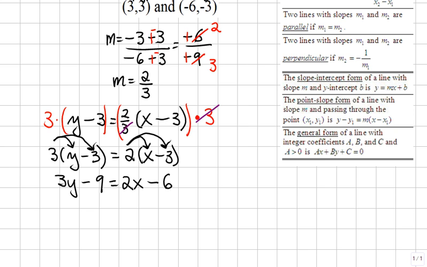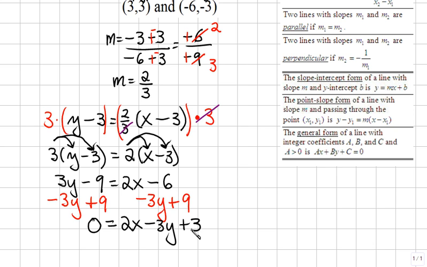To accomplish this, let's subtract a 3y from both sides, as well as add a 9 to both sides. So 3y minus 3y and minus 9 plus 9 will result in our left side being 0, equals, on our right side we'd have 2x minus 3y, and minus 6 plus 9 becomes positive 3.